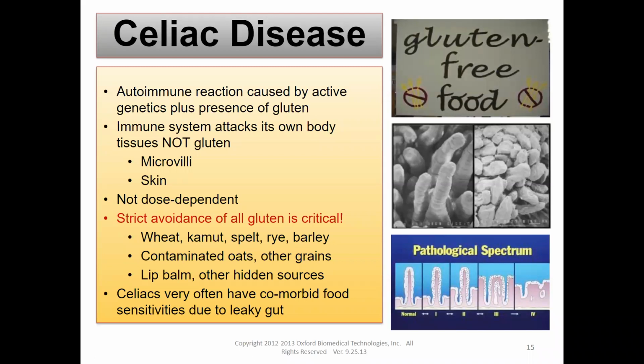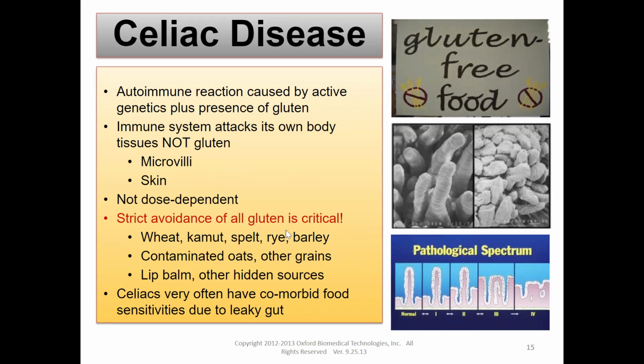And the main part of the gut or the digestive tract that is affected is the microvilli, which I will kind of explain, but I don't think it's that important right now, and the skin. And oftentimes it's not dose dependent. If you have celiac disease, even a small speck can cause a reaction. So strict avoidance of all gluten is critical.